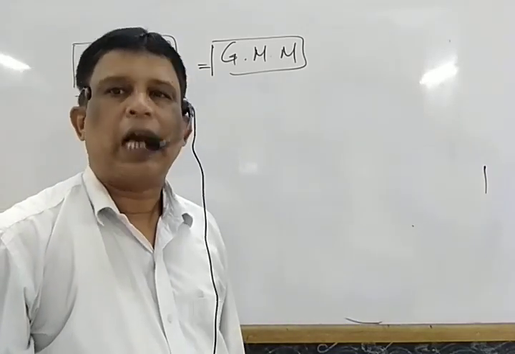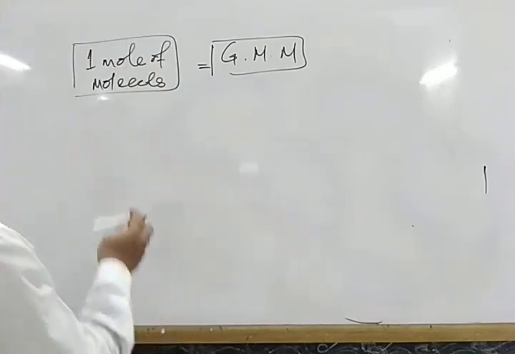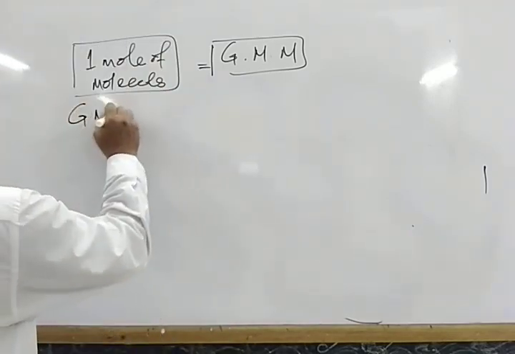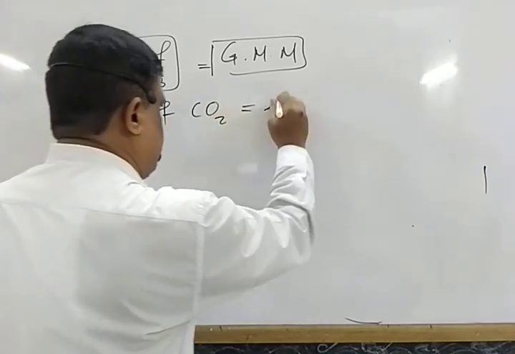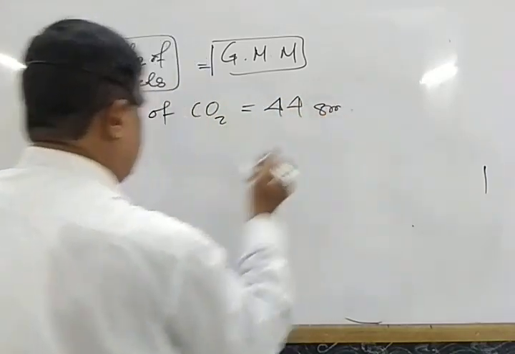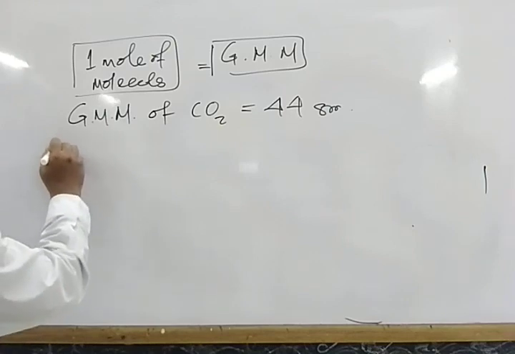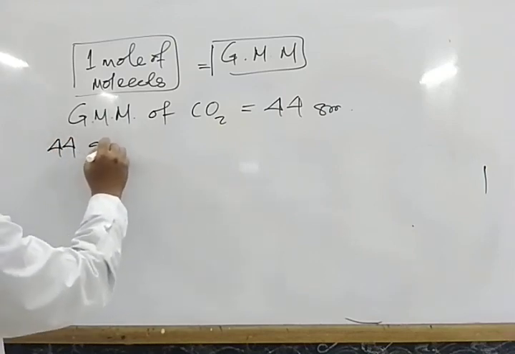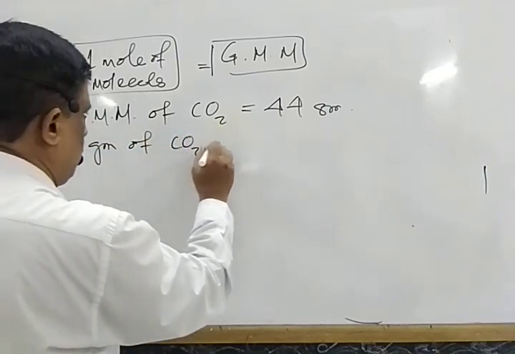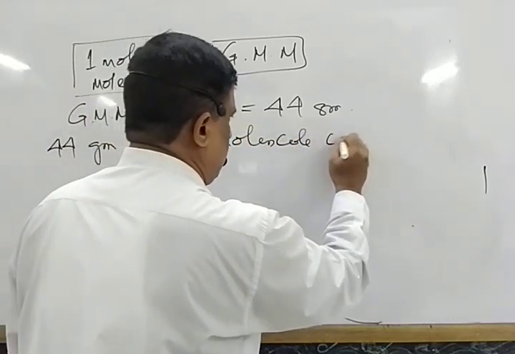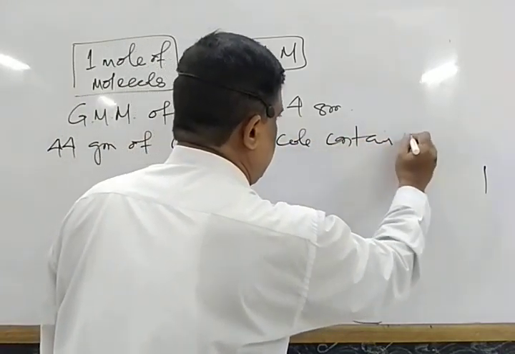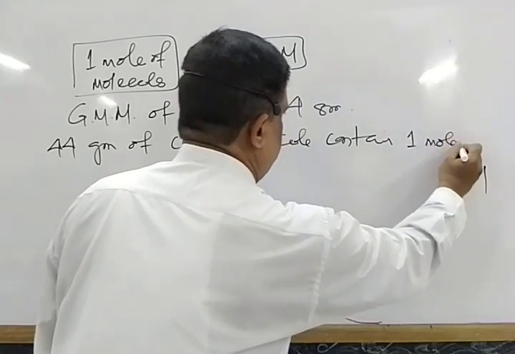We select carbon dioxide. The gram molecular mass of carbon dioxide is 44 gram. That means the relation is that 44 gram of CO2 contains 1 mole.